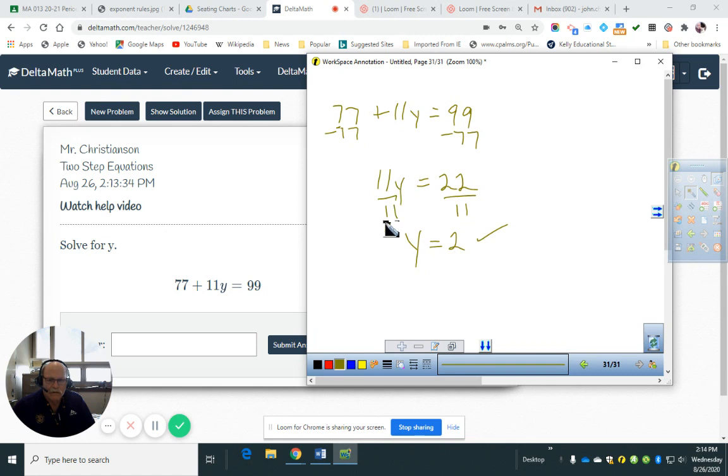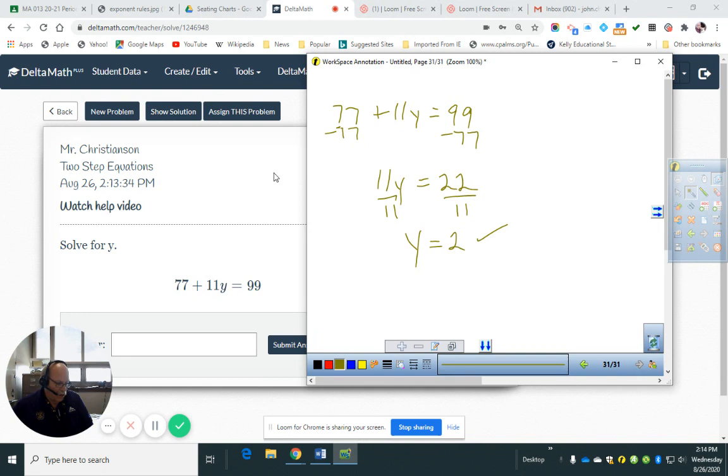Each one of these is very similar. Remember, you work the number first, moving the number to one side or the other, and then you divide by the coefficient that's on the variable next. Okay. If there's division going on already, you would multiply by that. Okay. So there you have it.